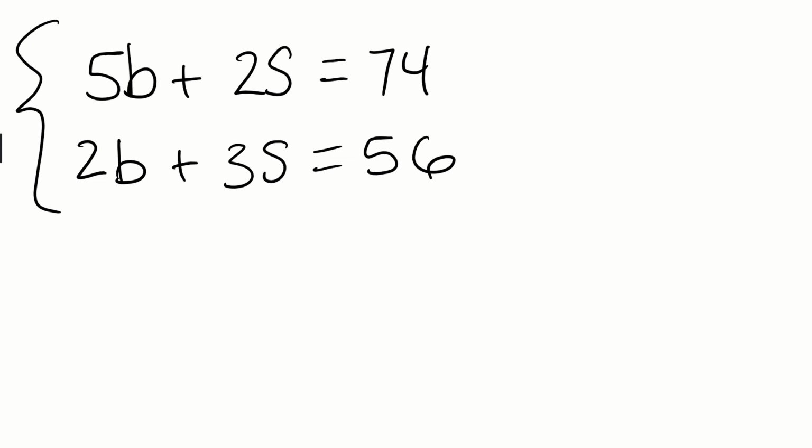I could eliminate the b's first. I could also eliminate the s's first, and to be honest, it's completely arbitrary. I probably will select to eliminate the s's because I'll get to use slightly smaller numbers if I do that. So I'm going to multiply this top equation by 3, and I'm going to multiply the bottom equation by, I'm going to pick -2.